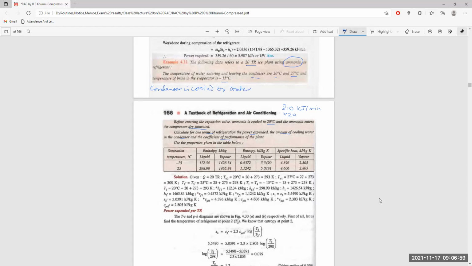So at the outlet of the condenser, the temperature is supposed to be 27 degrees centigrade. And there is another thing, the ammonia is cooled to 20 degrees centigrade before the expansion valve. So there is undercooling.